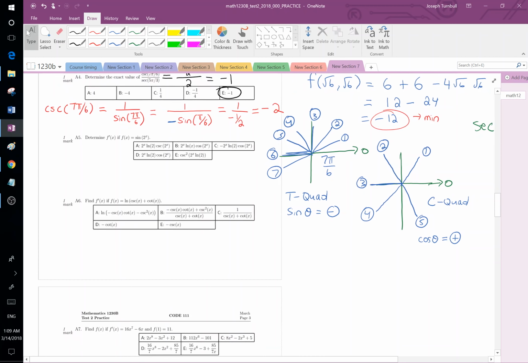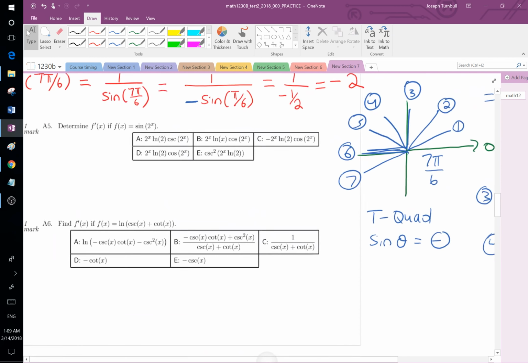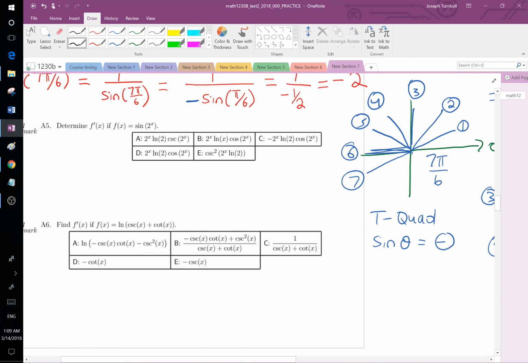Okay, number 5. We're asked to take the derivative of sine of 2 to the x. So I'm going to write this as f of x is the sine of a function w. The derivative of sine is cosine, but because it's a cosine of a function w, we have to multiply by w prime using the chain rule.